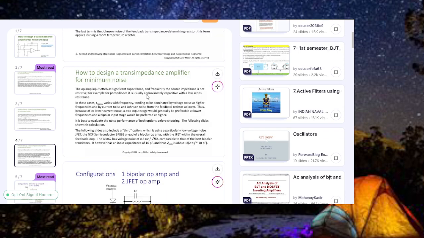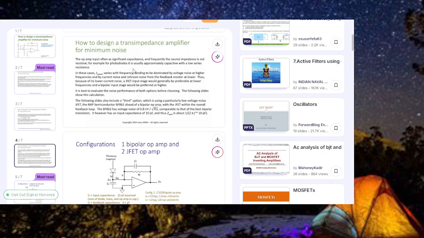The op amp input often has significant capacitance, and frequently the source impedance is not resistive. For example, for photodiodes, it is usually approximately capacitive with a low series resistance. In these cases, the noise varies with frequency, tending to be dominated by voltage noise at higher frequencies and by current noise and Johnson noise from the feedback resistor at lower.